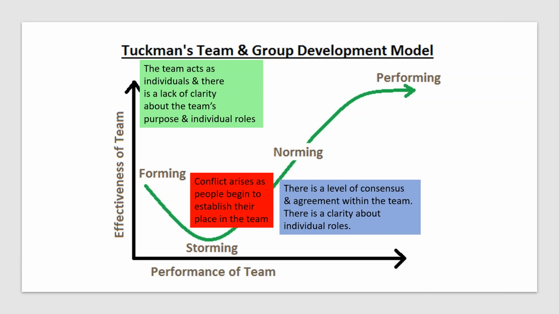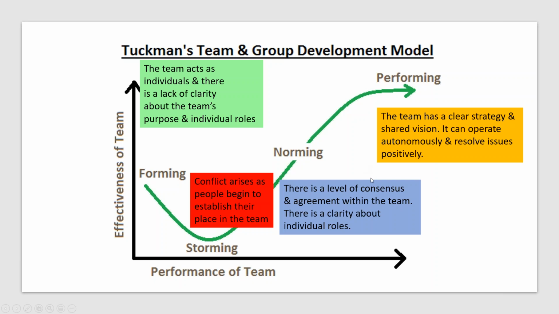And leaders are often tearing their hair out and thinking, well, how in heaven's name do I get them to the performing stage? And then after a while, they wonder whether it's even possible. And so the leader can often drop their standards and their expectations, and they end up with a norming team for the duration of the time that they're leading it. So I'll talk obviously about moving from norming to performing as we go through this hour together.